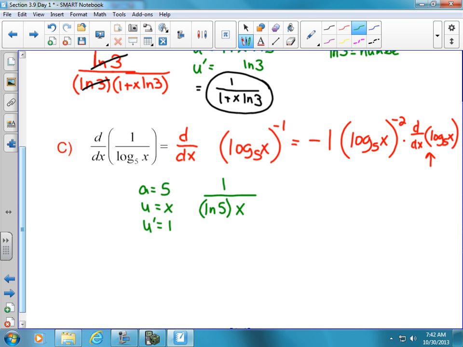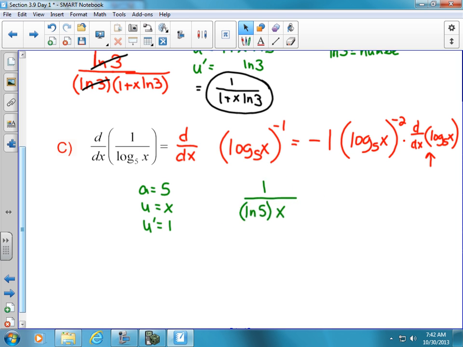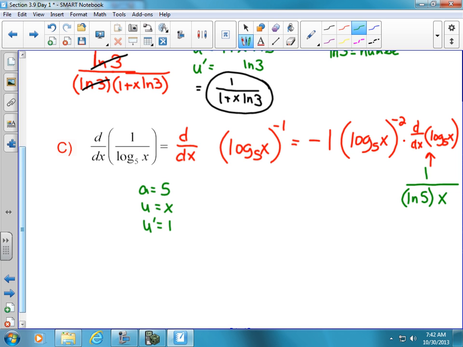So this is the derivative of this over here, and we're just going to plug that into our equation for the derivative and then rewrite it.